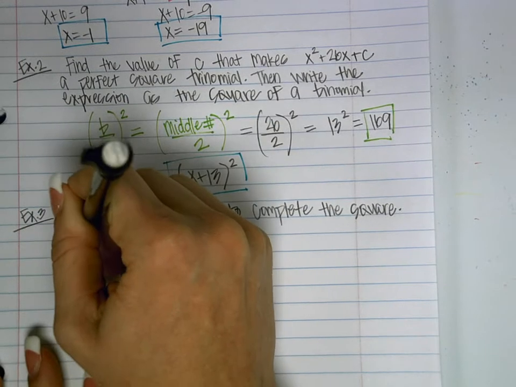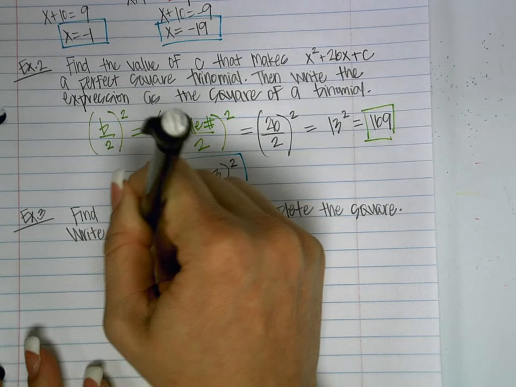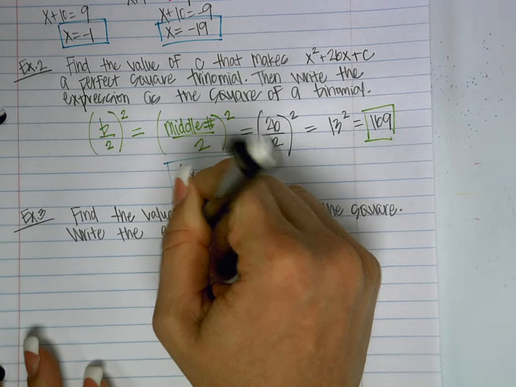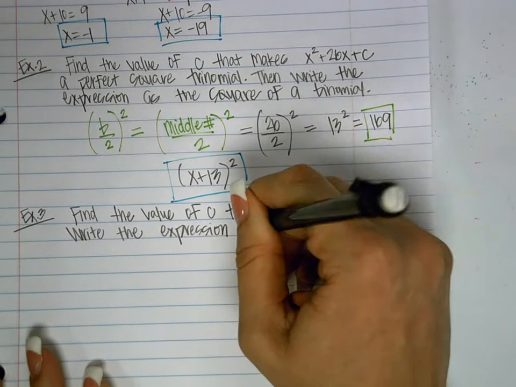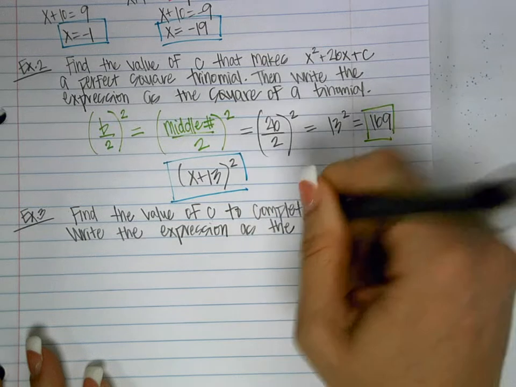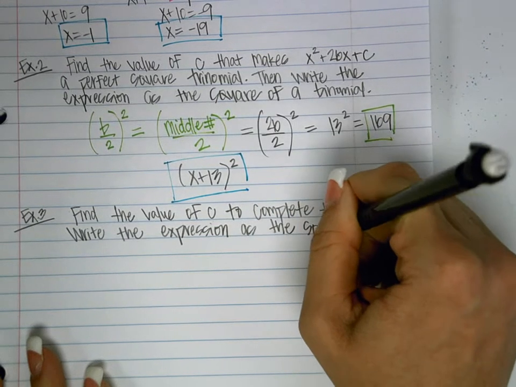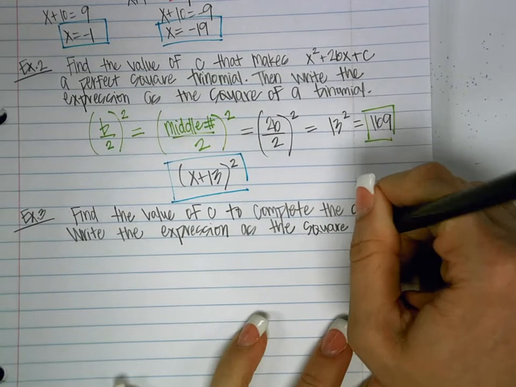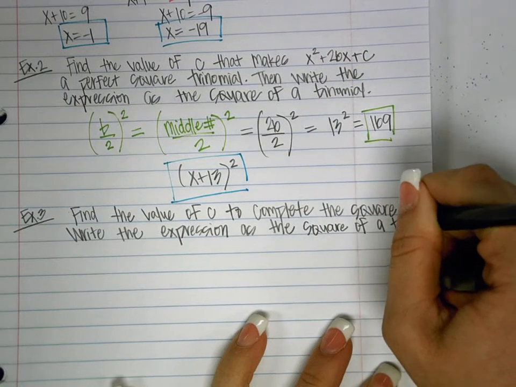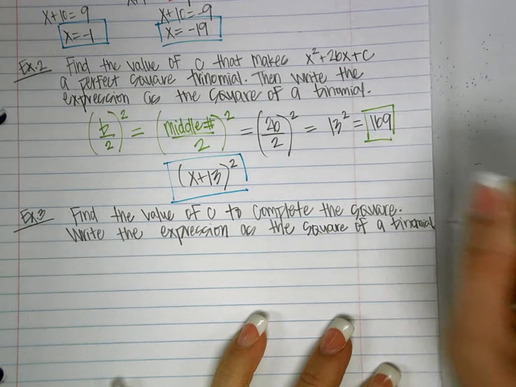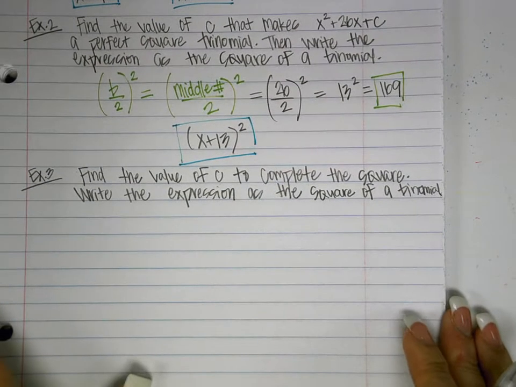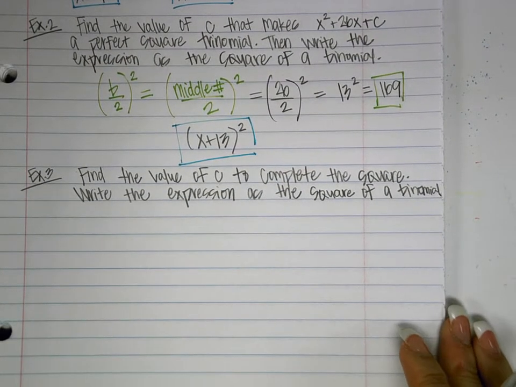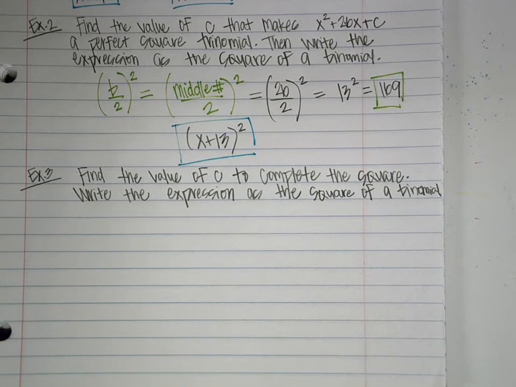Write the expression as the square of a binomial. Sorry, I kind of ran out of room. That's basically asking you to write it factored.